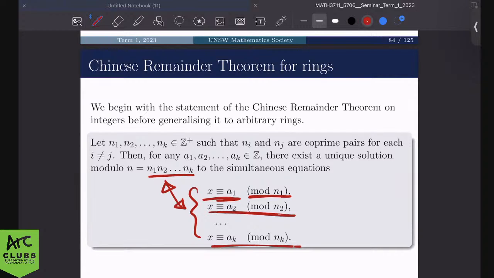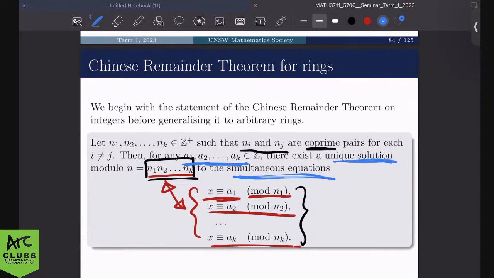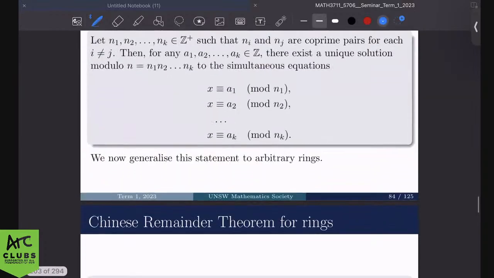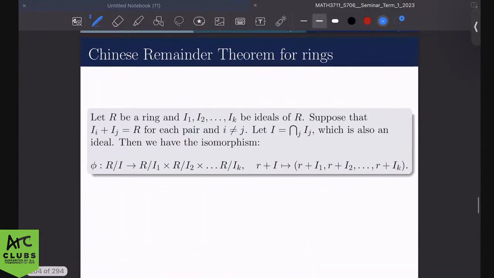It's saying that if you have information about x modulo a bunch of numbers, you can convert it to the number modulo the product of those numbers, as long as each of the pairs of integers is co-prime. So it's the same thing as what it said over here. For any a1 down to ak, there exists a unique solution to the simultaneous equations. Basically, that is equivalent to the overall statement, and I'll explain it in a second, for rings.